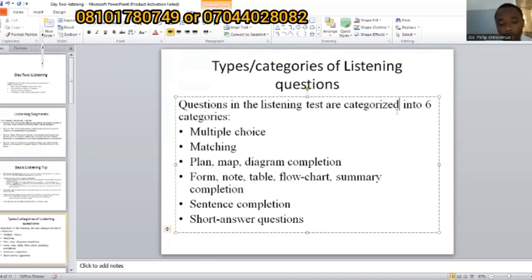The fourth is form, notes, table, flowchart, and summary completion. Then the fifth is sentence completion. And the sixth is short answer questions.